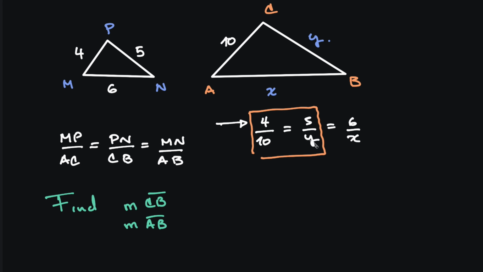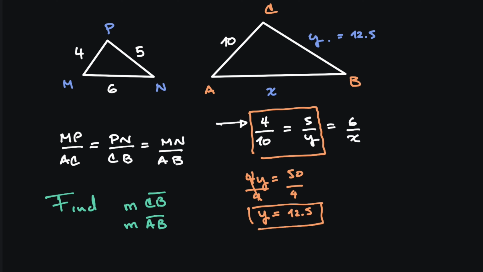Applying the cross product, 4 times Y is 4Y, equal to 10 times 5, which is 50. We divide both sides by 4 and get Y equal to 12.5. So Y is 12.5.